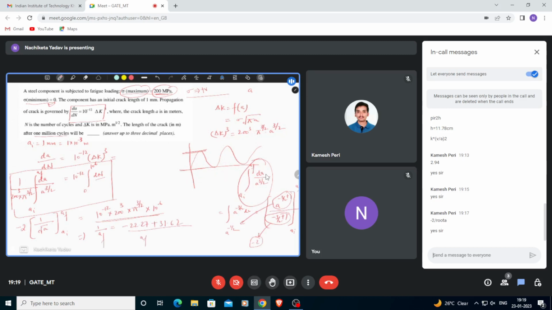So the af value you will get is 0.0114 meter. This is your final answer. You can ask. Here only the integration is important, meaning you just put all the values, you will get from 0 to 1 million cycles, and you know this a value, right? The initial crack length is given, and we have to calculate the final one. Yes, 0.011.